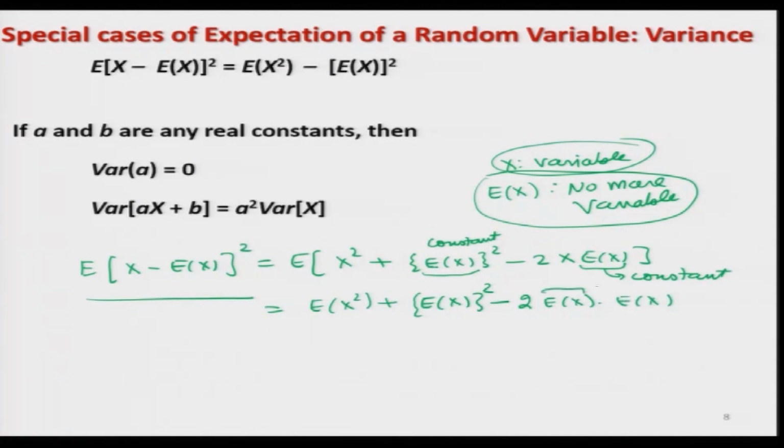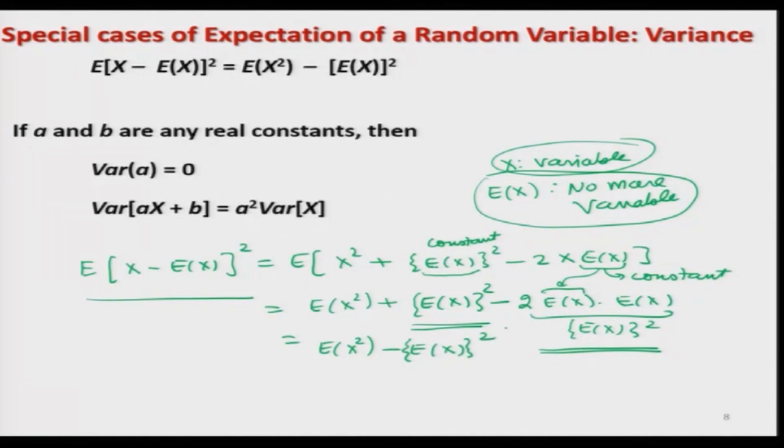This constant part is coming out, and then you operate the expectation operator on the random variable x. So now this becomes expected value of x whole square, and now this is expected value of x square minus twice of expected value of x whole square, and this will give you expected value of x square minus expected value of x whole square.